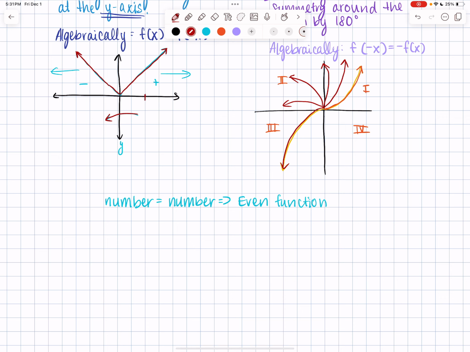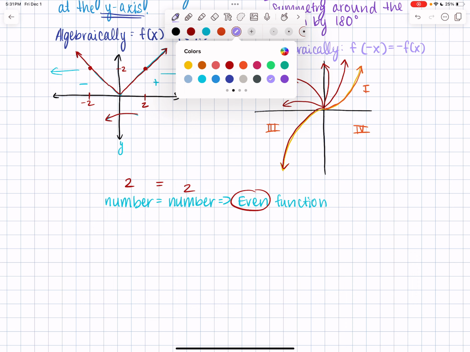We want to check points 2 and -2. Here the point on this side would be 2, and on this side, at -2, it's at point 2 as well. So number equals number. So it is an even function.